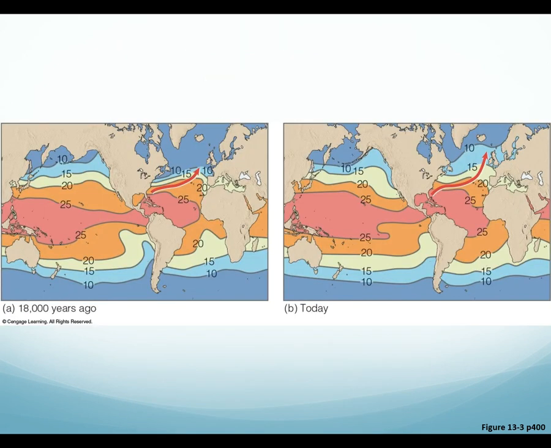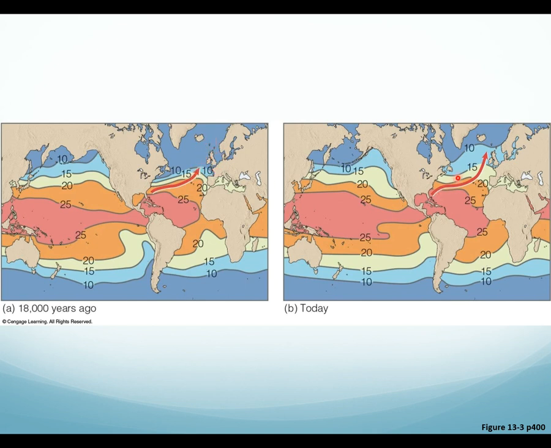And what else can we see? We can also determine changes in ocean currents because of glaciers and cooler waters, differences in weather patterns. It changes the ocean currents. So where 18,000 years ago, the ocean current pretty much cut straight across the Atlantic towards Spain and then cut up northward towards Great Britain and Ireland.